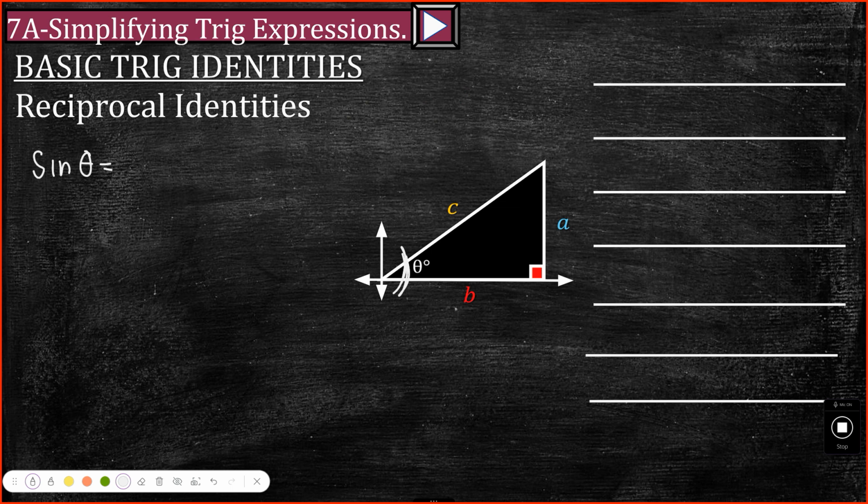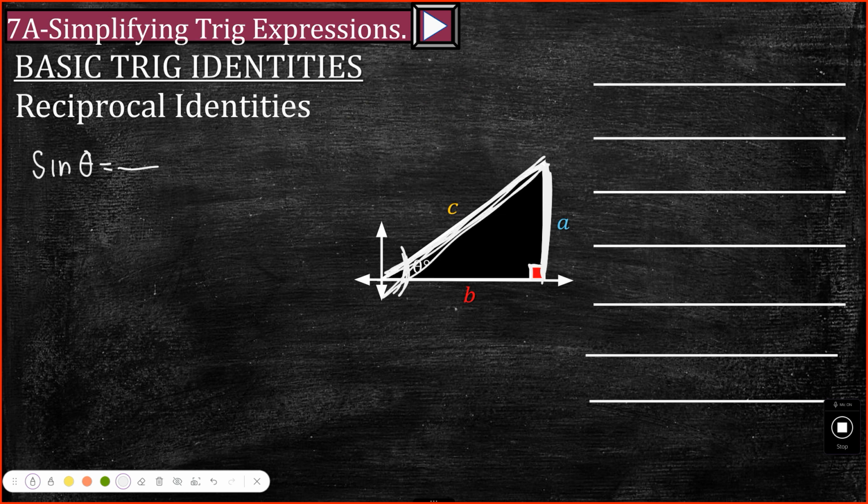The definition of sine is a ratio of a side of a right triangle to another side of the triangle. It's the ratio of the length of the opposite side over the hypotenuse.